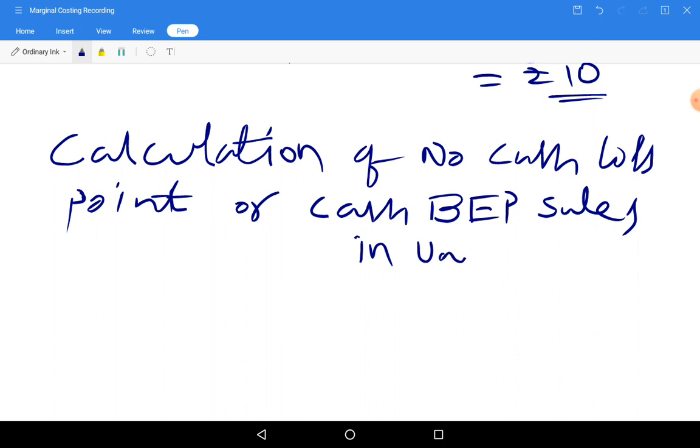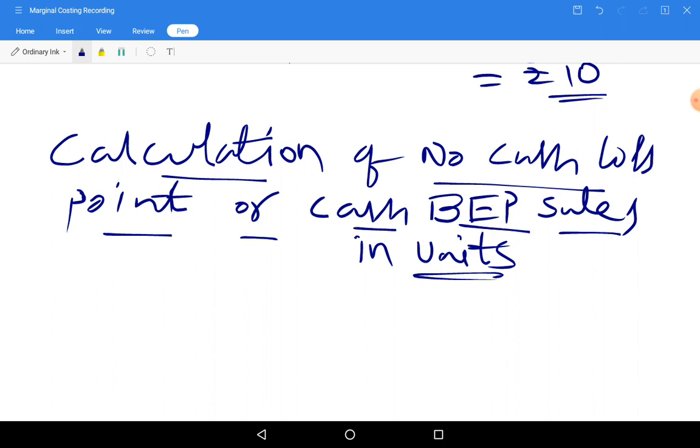We are finding out in units. In units he has asked, so number of units required he asked. Okay, so that is why we are doing like this. No cash loss point or cash BEP in units.